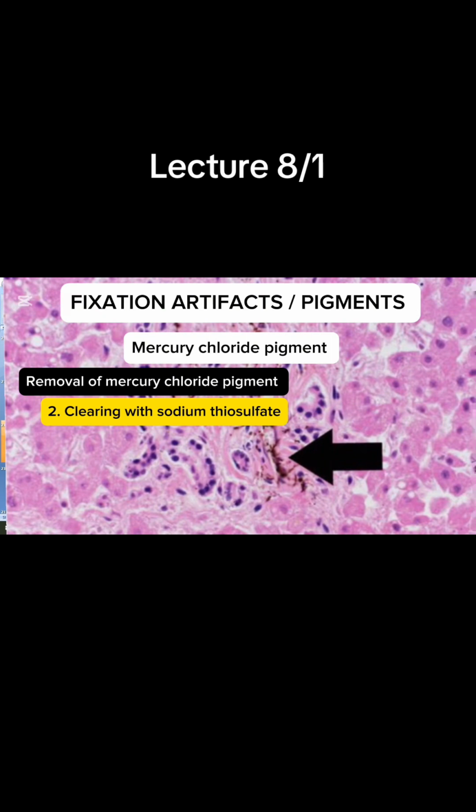After iodine treatment, tissues or sections can be immersed in 5% sodium thiosulfate solution. This clears the iodine and removes mercury pigment. Number three, we rinse in water. Wash tissues thoroughly with water after pigment removal.